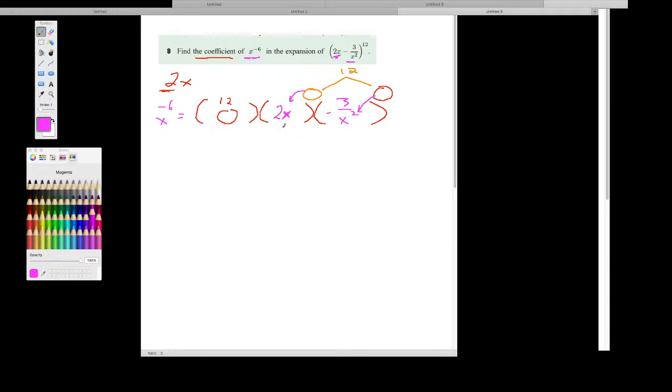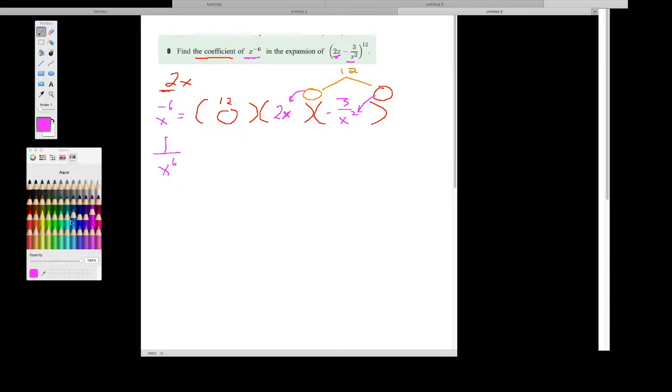So we have to try and set 2 numbers here. Now x to the minus 6 is like 1 over x to the 6. So we have to somehow put 2 numbers here so that when you multiply these, you get 1 over x to the 6 if they cancel.